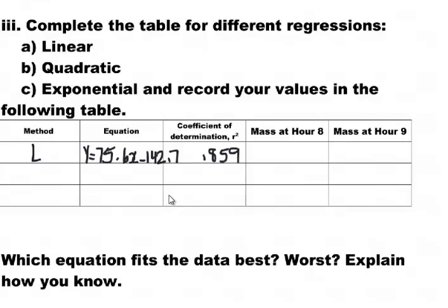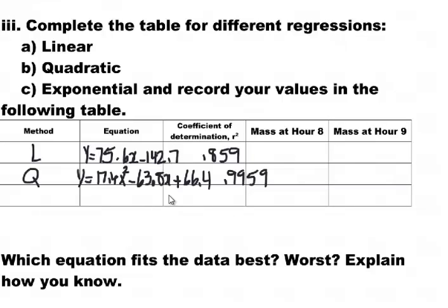For quadratic, I'm going to show with Q, we found that y is equal to 17.4 x squared minus 63.8 x plus 66.4, and we found that the r squared is 0.9959.